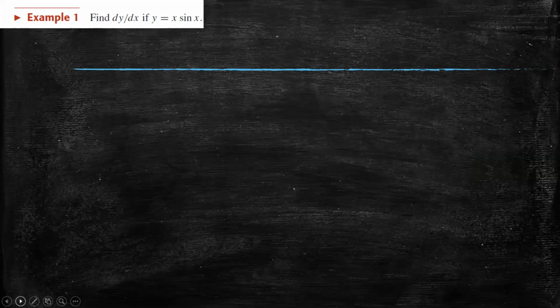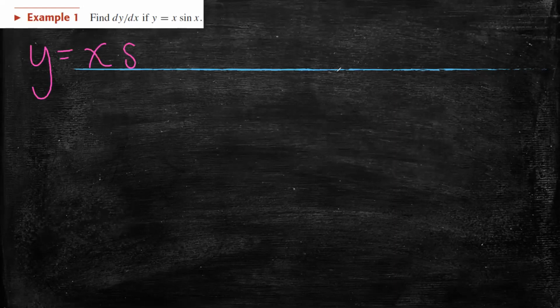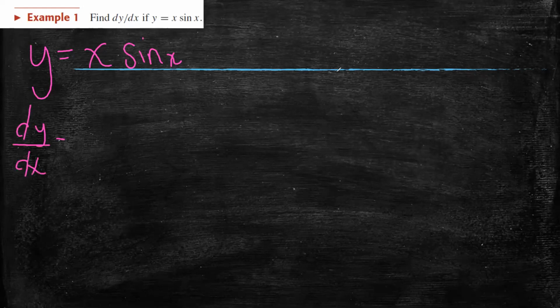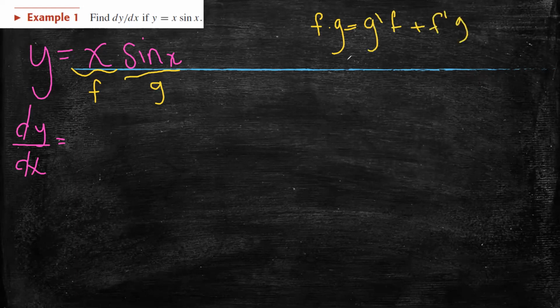Look here, we have a variable x multiplied by one of the 6 trigonometric functions, which is sine x. I want to find dy over dx using the product rule. Let's name this f and this g. If we have f times g, the derivation is g prime f plus f prime g.